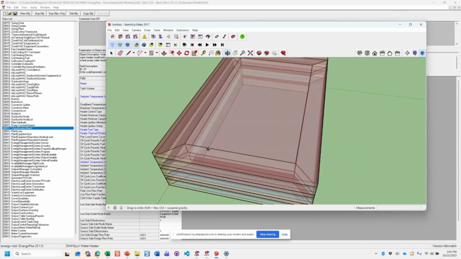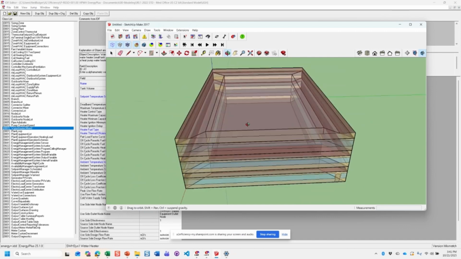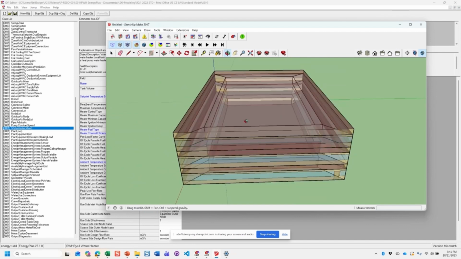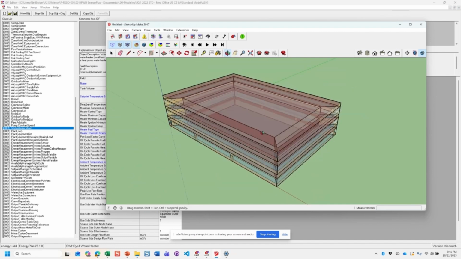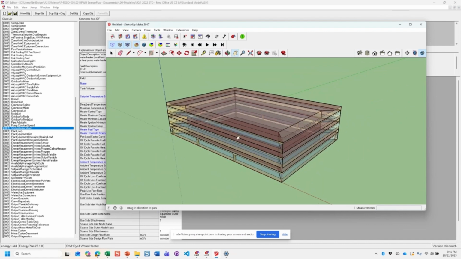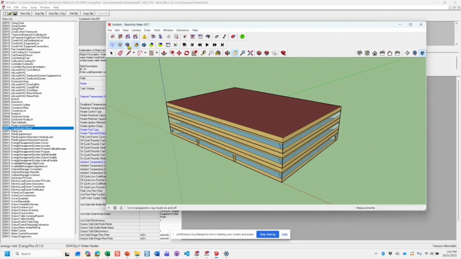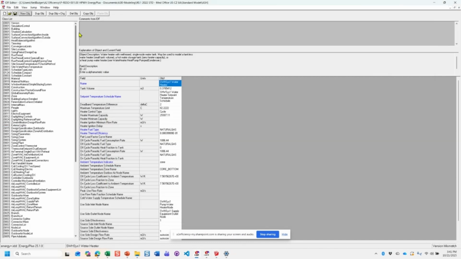But there's a bunch of zones, and each floor has 4 zones, plus a fifth, so 5 zones times 3 floors, there's 15 zones. Each one has a water flow rate and schedule. They all use the same schedule, and they all have the same flow rate for hot water. But we're going to use all of those and size our system.